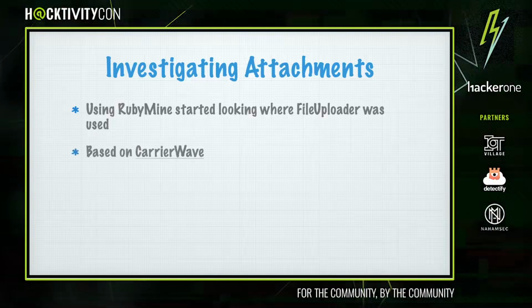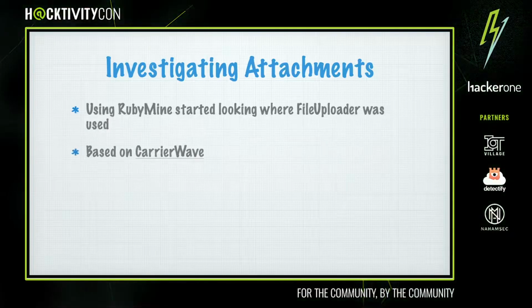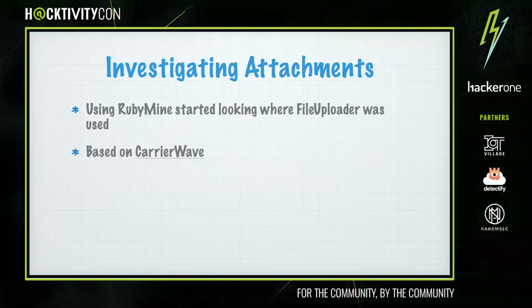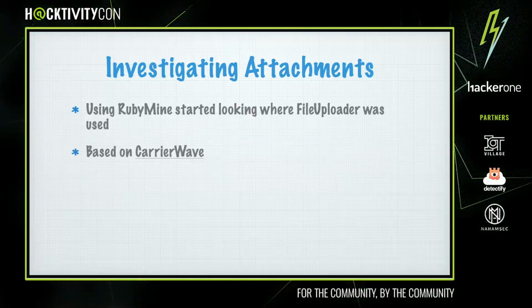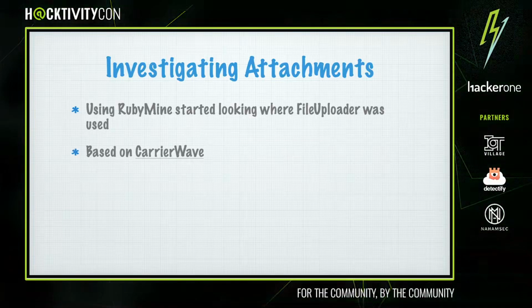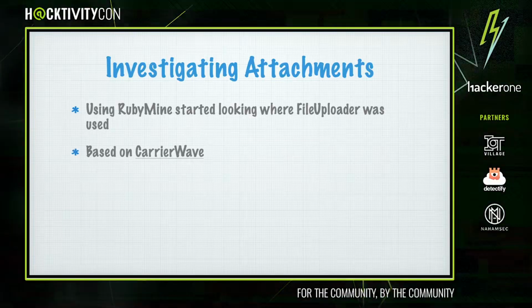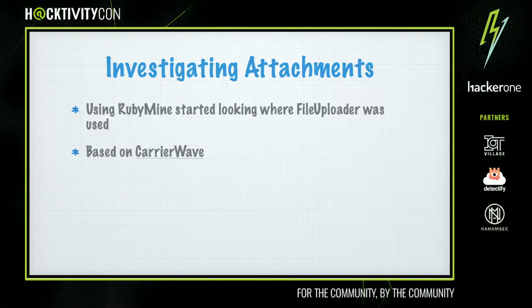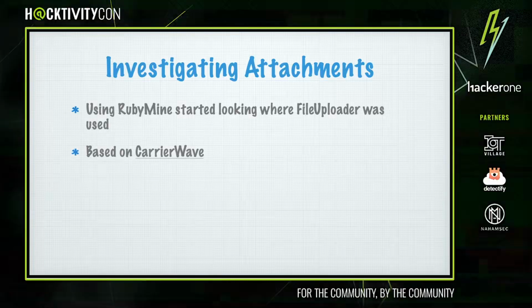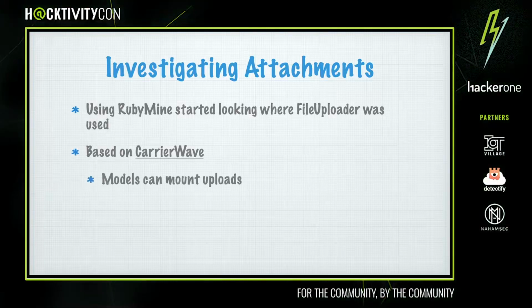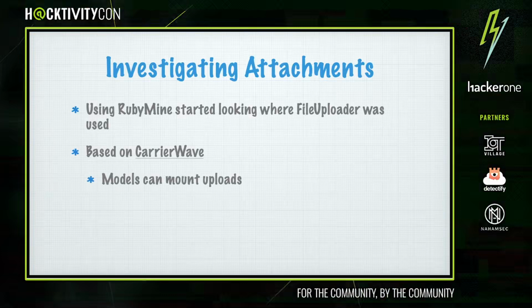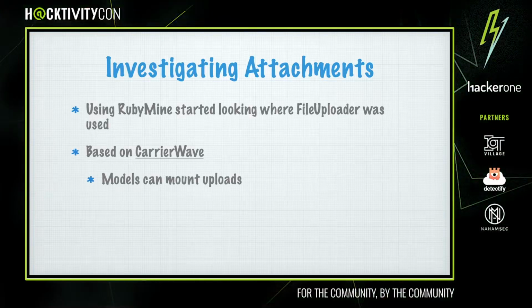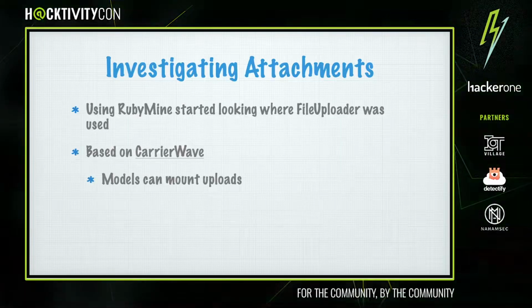GitLab uses a gem called CarrierWave to handle a lot of the heavy lifting for file uploads. So I started looking into that and just reading up on how it works and how it was used by GitLab. I started looking at the note model, which is the base for things like issues and snippets in GitLab, and it can have attachments added to it.